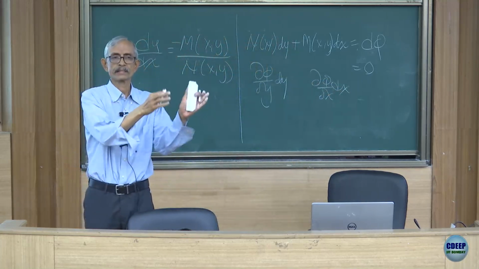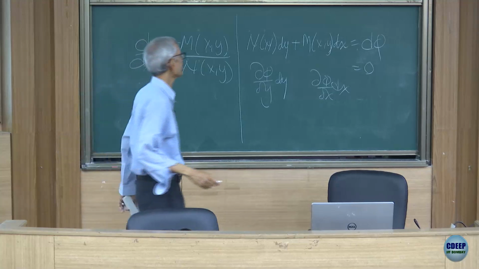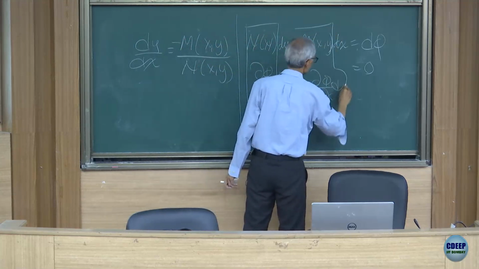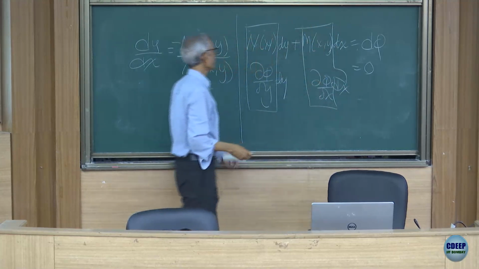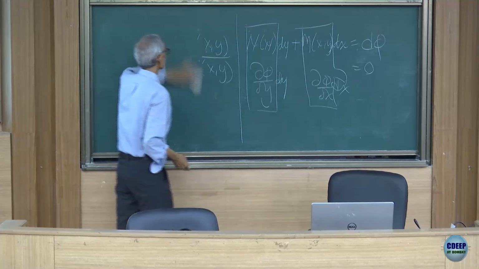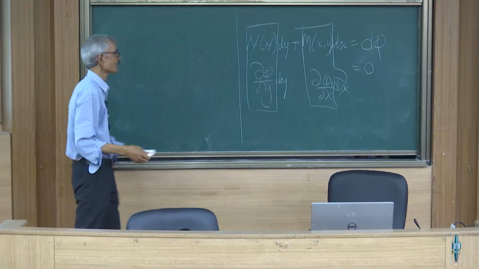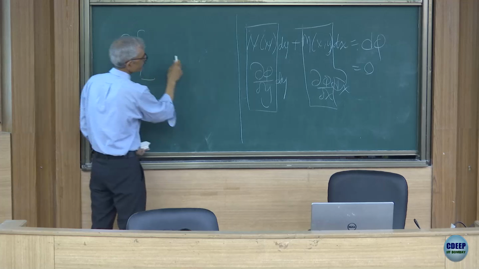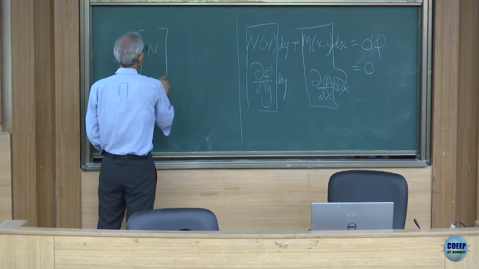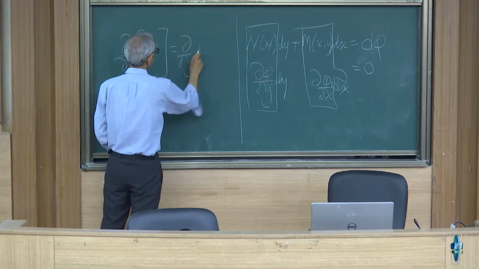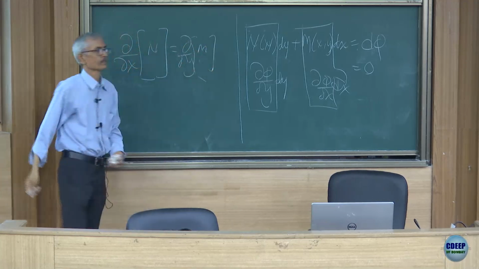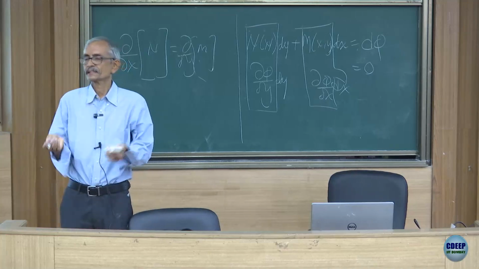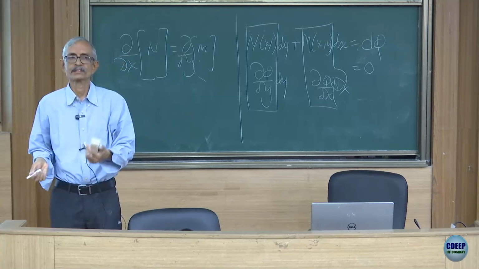You see a parallel between these two, and if you want to know whether this is happening like this or not, then you take the cross derivative: del/del x of n, if you find it is del/del y of m, then this will work out. So you are going to be able to get a total differential if such a situation exists.